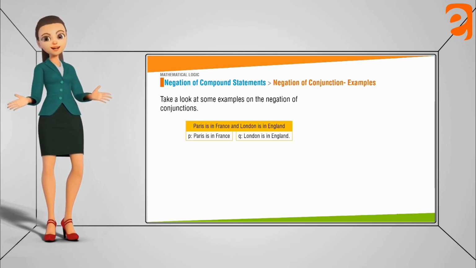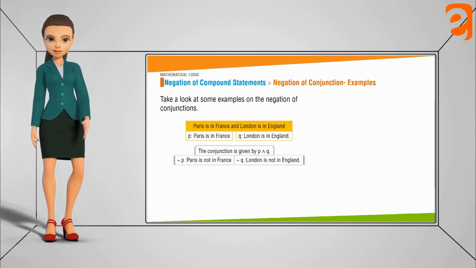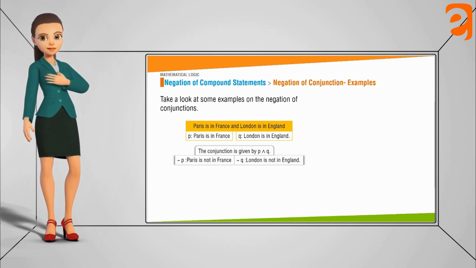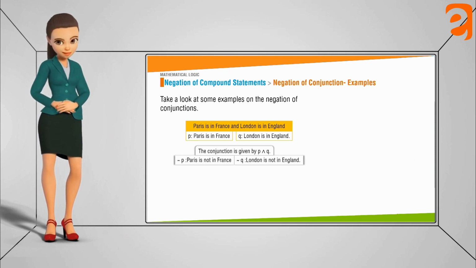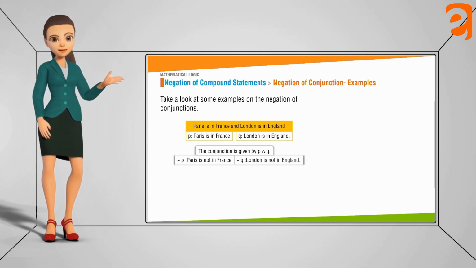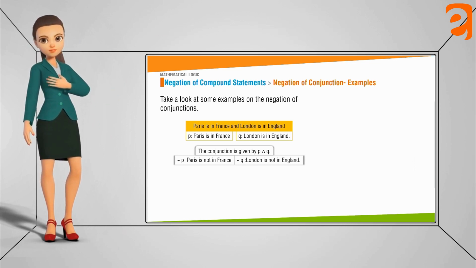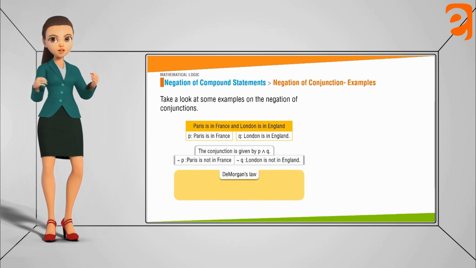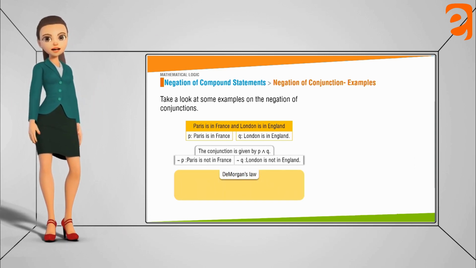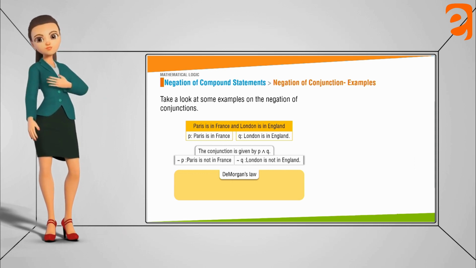Let's explain it with the help of an example. Here we have two sentences: Paris is in France, London is in England. What would be the conjunction of these two statements? Paris is in France and London is in England. Now we are interested in finding the negation. What would be the negation of Paris is in France? It is Paris is not in France.